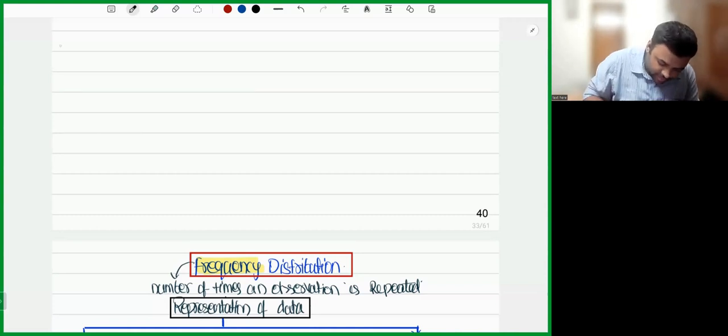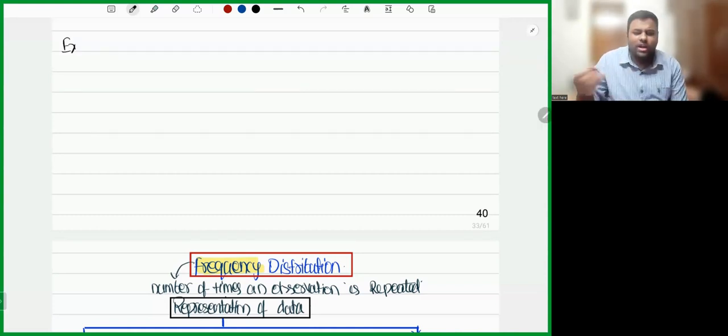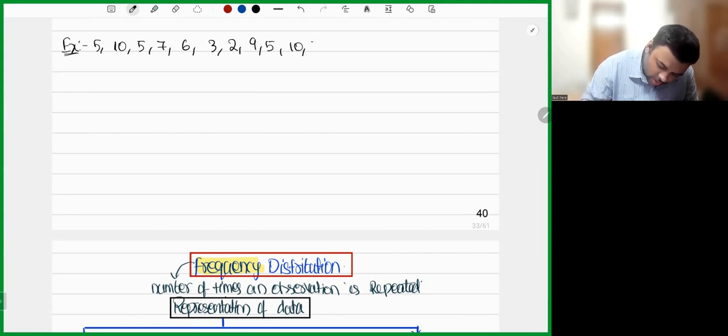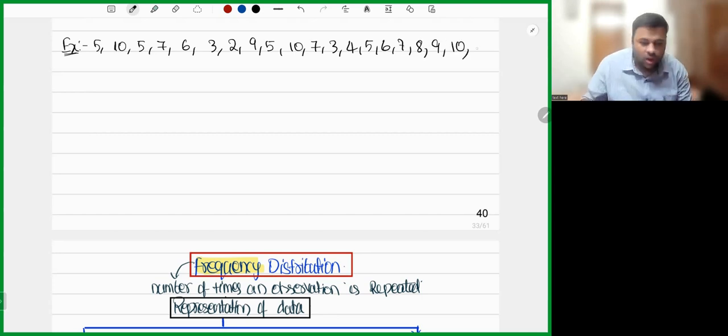Say for example, I'm having around 20 observations: 5, 10, 5, 7, 6, 3, 2, 9, 5, 10, 7, and so on.